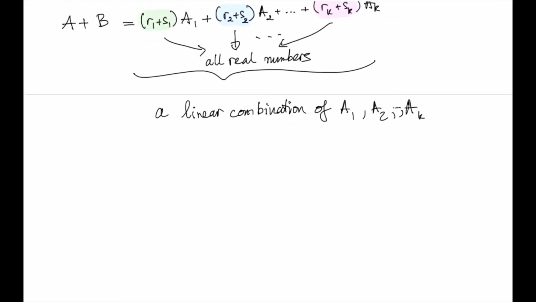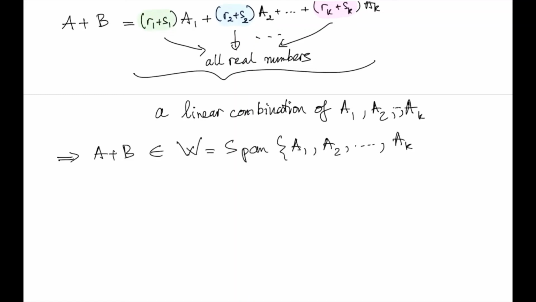And if it is a linear combination of A1, A2, and AK, that means that A plus B is inside the spanning space of these vectors. So this implies that W satisfies property A in the theorem.